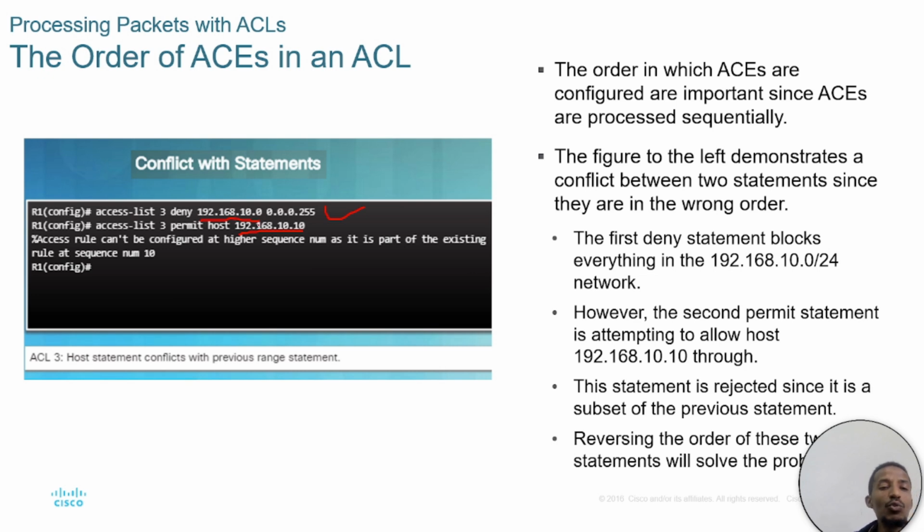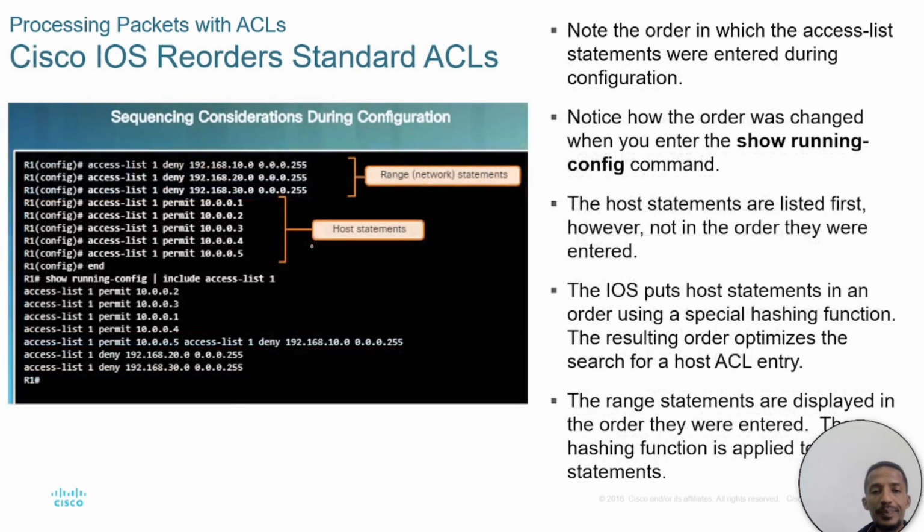The permit statement should come first, and then the deny statement after that. You cannot permit after denying; after permitting, then you can deny. So you should be careful whenever you have a sequence.